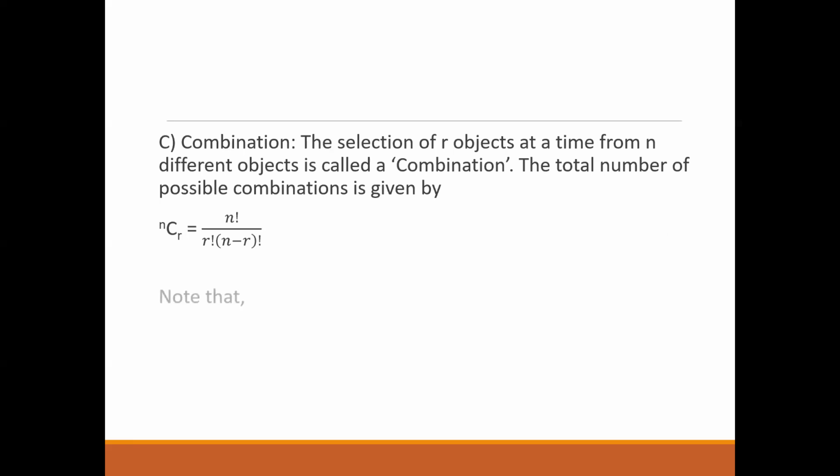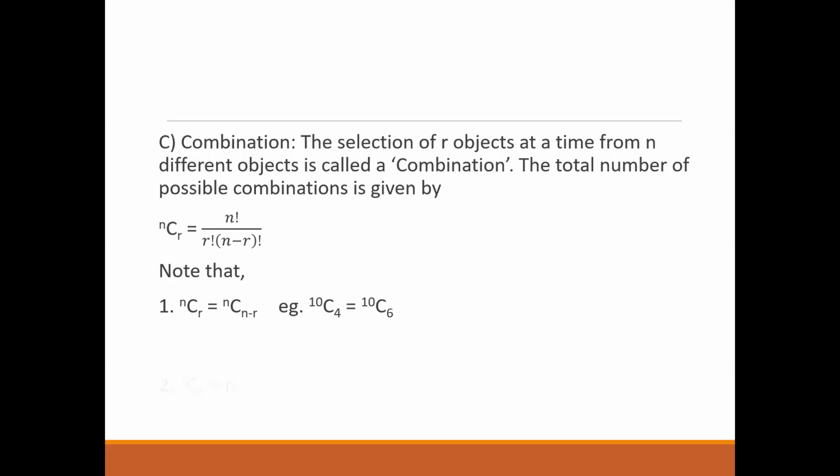There are some points to be noted under this. If we have, for example, nCr is equal to nC(n minus r). For example, where the total number of possible different objects is 10 and r is 4, 10C4 is also equal to 10C6.